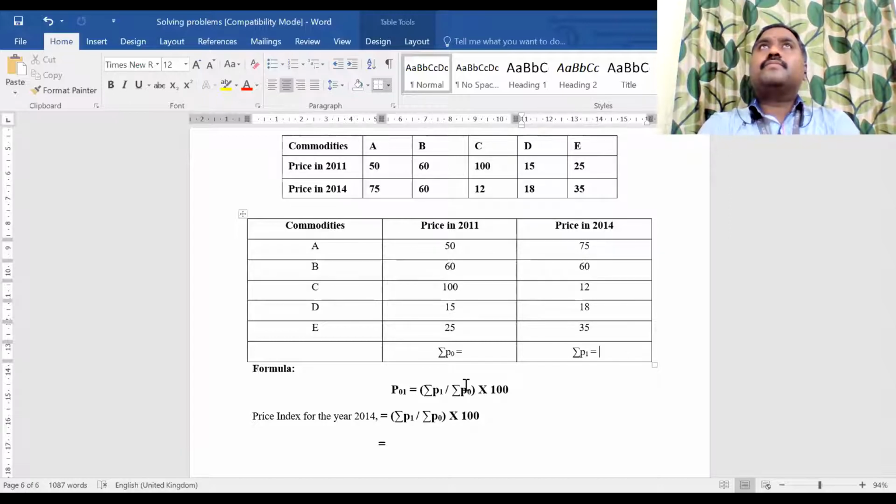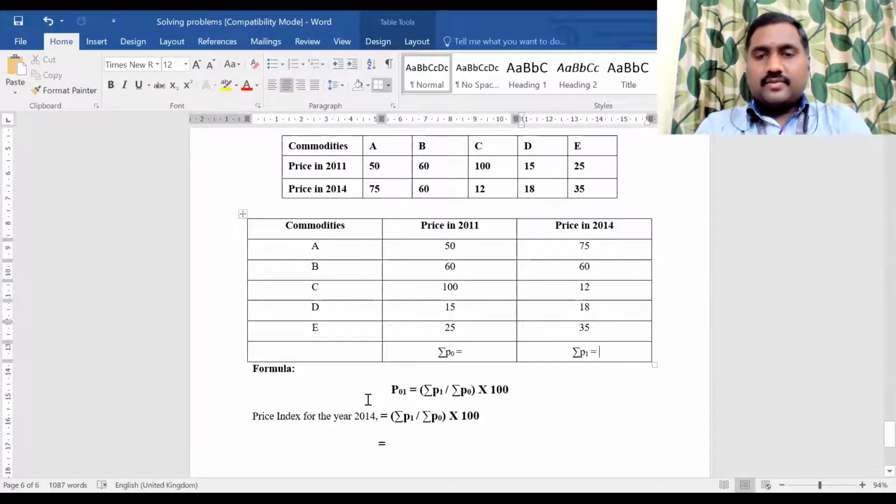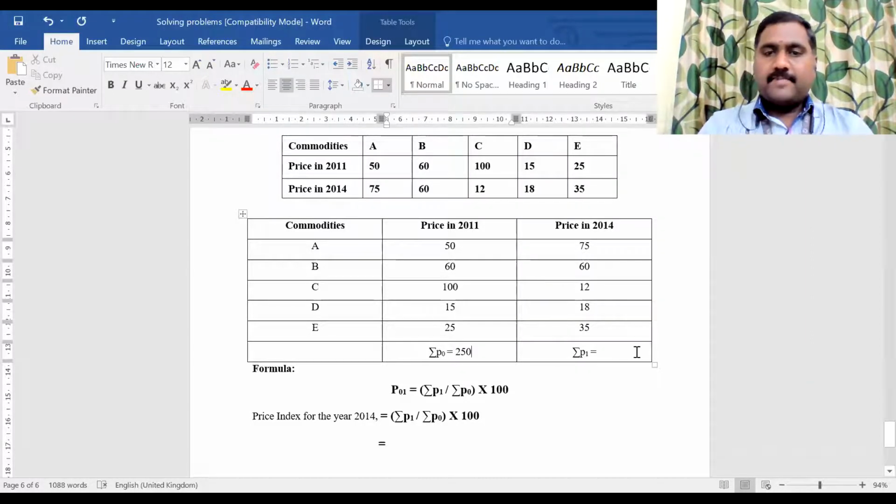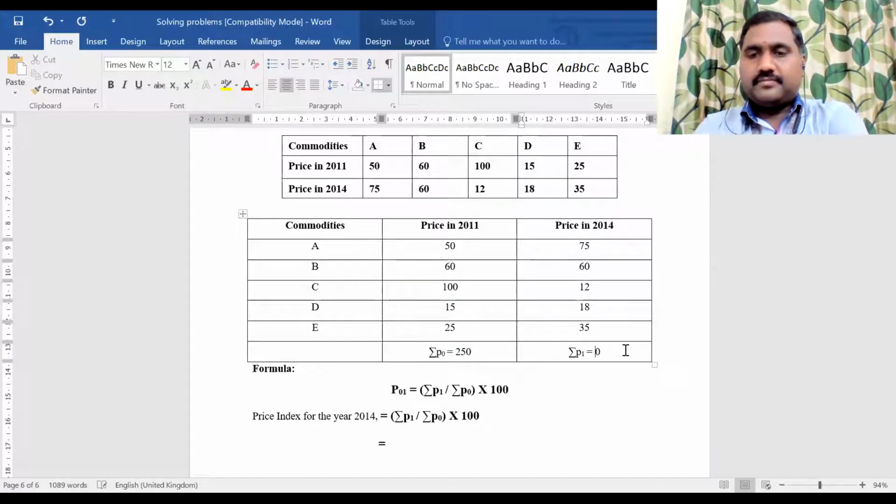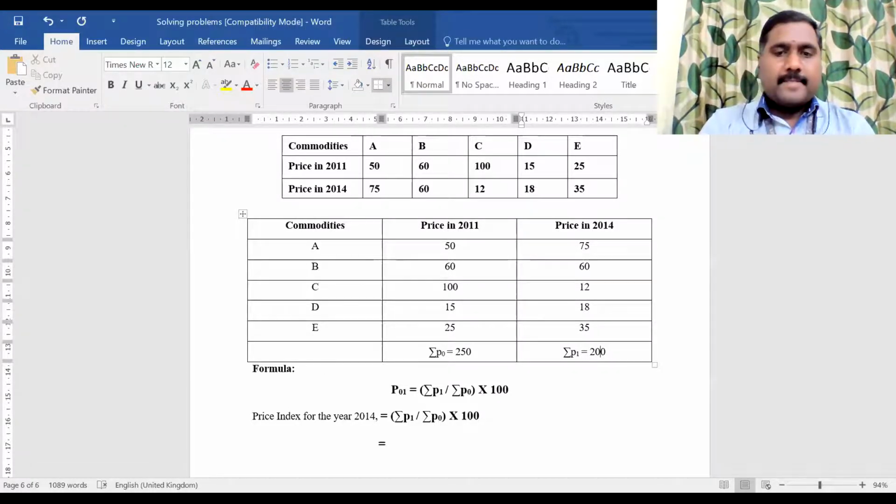What is summation P0? 250, right? And this one, 200. Please check and tell me.